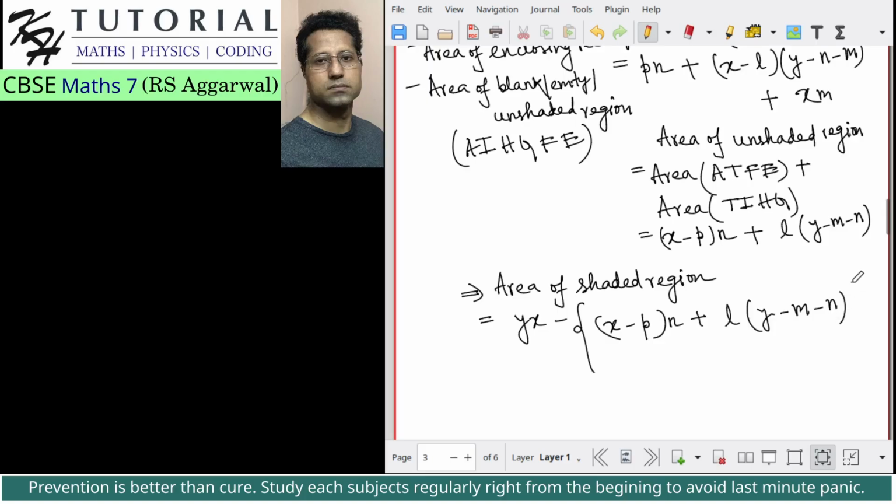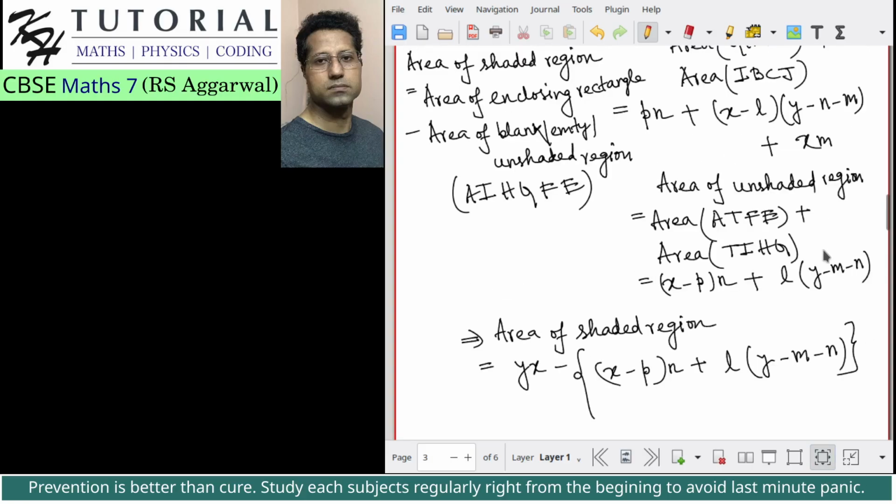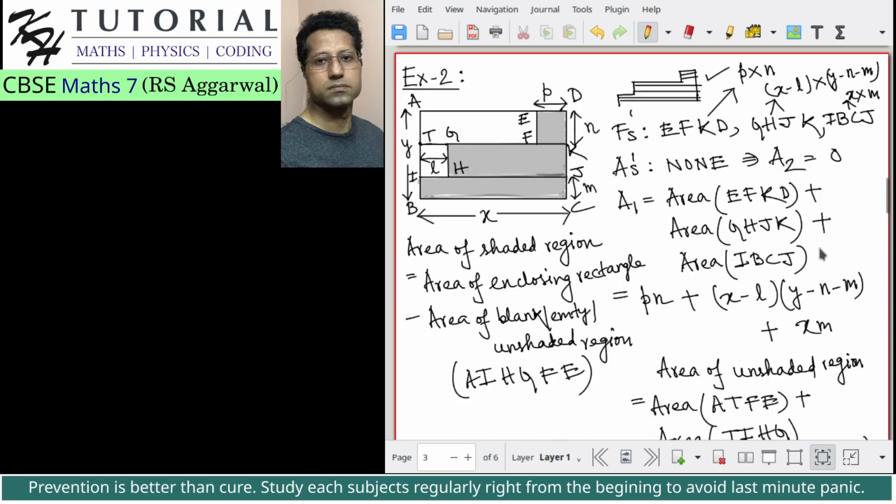So this is another way of finding the area of the shaded region. If you find that it is easier to find the area of the unshaded region, then you just subtract the area of the unshaded region from the area of the enclosing rectangle.